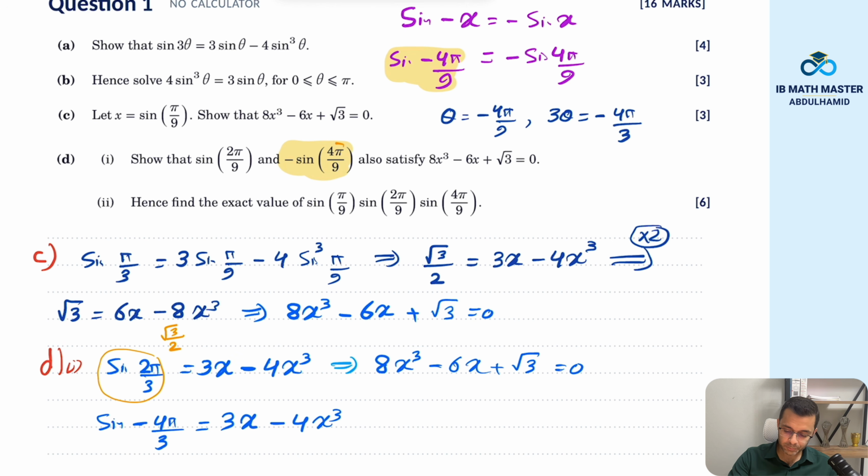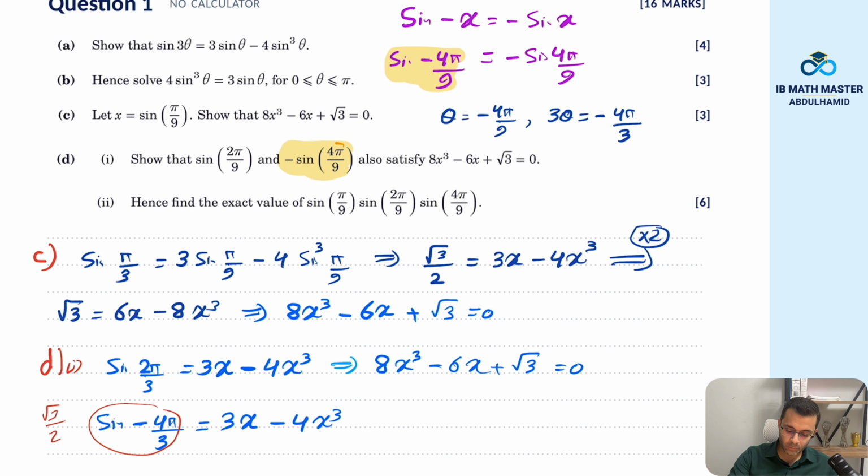Again, by the way, sine of negative 4 pi over 3 is also positive root of 3 over 2, which means if you rearrange it, it will be the same as the previous two cases. So this is also here root 3 over 2.